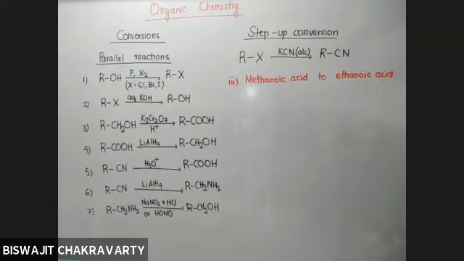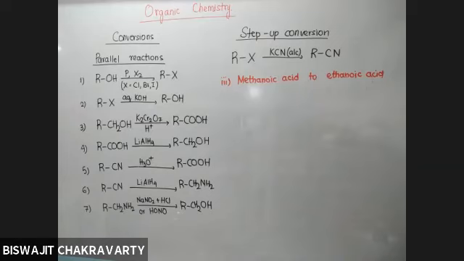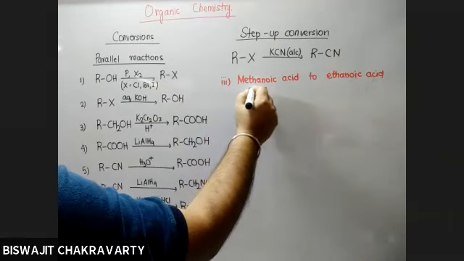Can anyone tell me what is the formula for methanoic acid? CH3COOH? No, beta. CH3COOH has 2 carbons as a whole. COOH also has carbon. You have to count the total carbons. Methanoic acid is HCOOH.